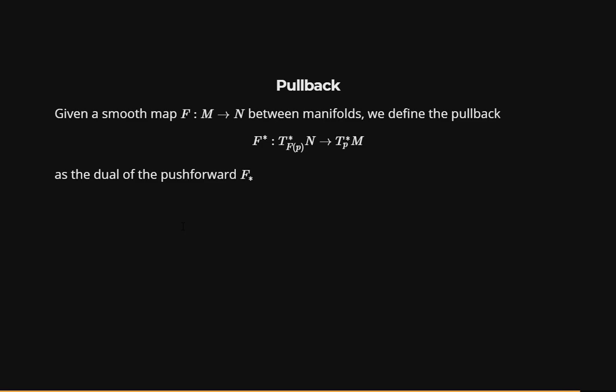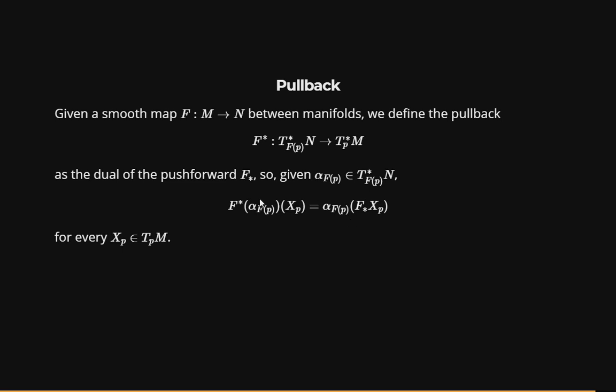You have the pullback. If you have a function from M to N, tangent vectors go in the same way, differential forms go back. And it's defined by duality. So the pullback of a differential form is the differential form applied to the push forward of the vector field.